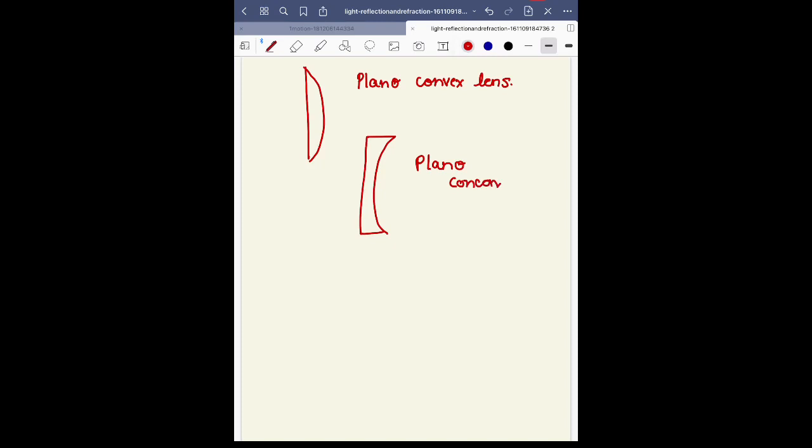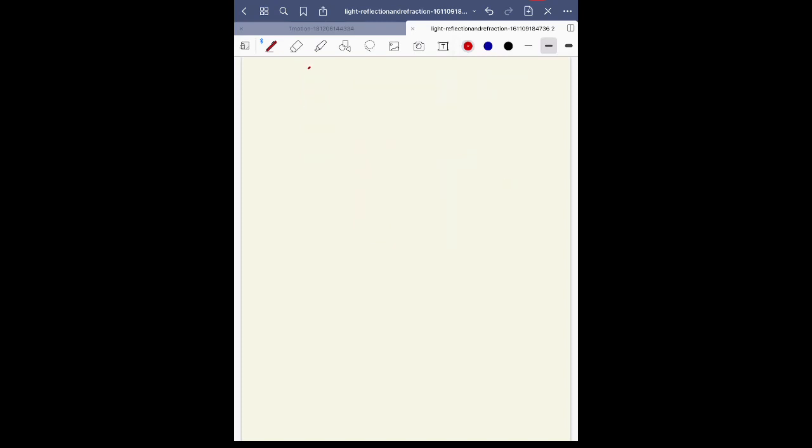If this is our lens, suppose we are talking about a convex lens, then the first term is aperture. Aperture is the diameter of the circular edge of the lens. If this is a lens which is bound by two spherical surfaces, let us say P and Q, then this diameter AB, what is that?